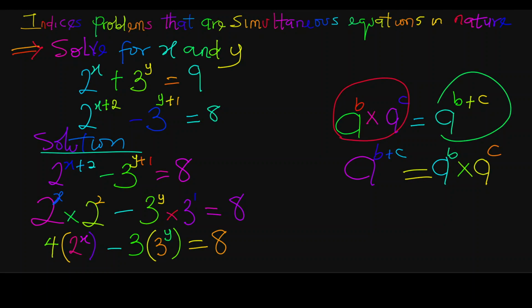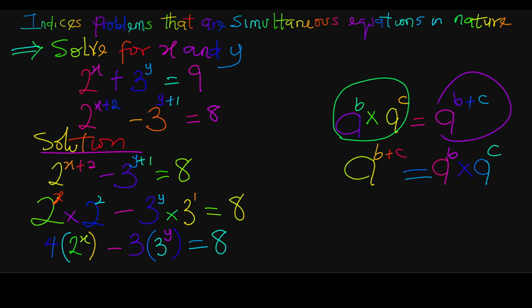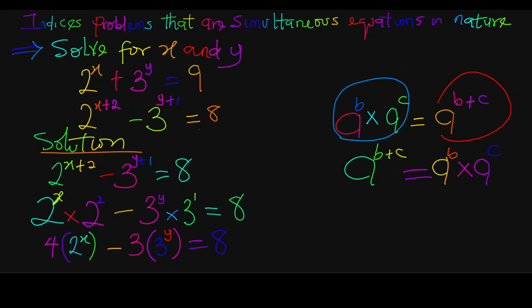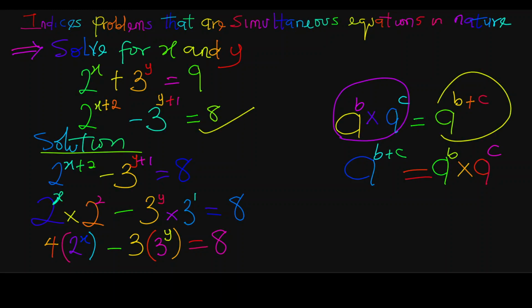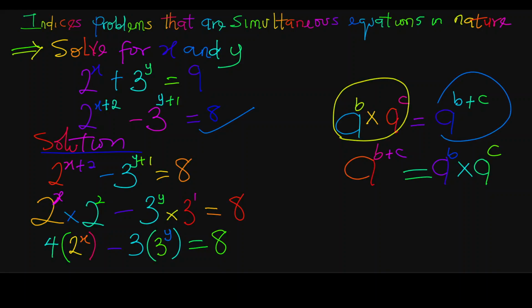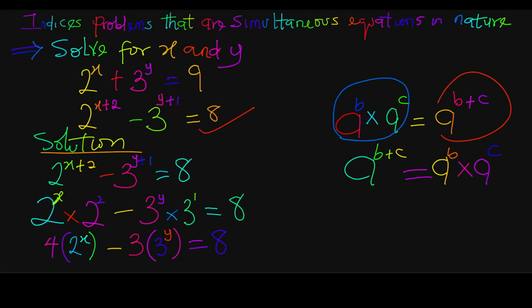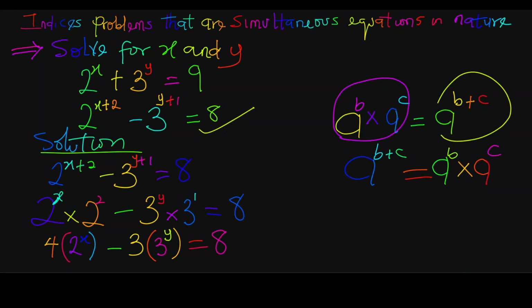Everything equal to 8. As you can see, I have broken down the second equation into 4 into 2 raised to the power of x, minus 3 into 3 raised to the power of y, everything equal to 8.